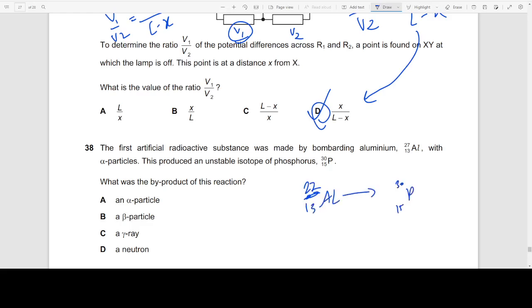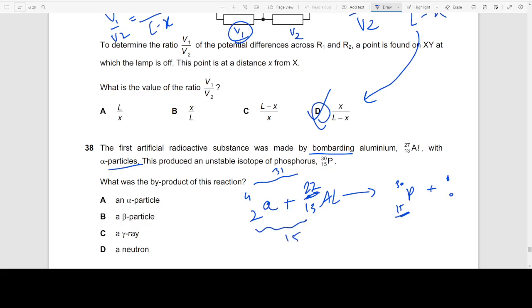Well, this was bombarded with alpha particles, so aluminium plus alpha particle 4/2. If you balance the numbers, the left hand side mass number comes to 31, so there should be some particle with mass number 1, and the proton number is 15, so the number of protons is balanced, so 1/0.